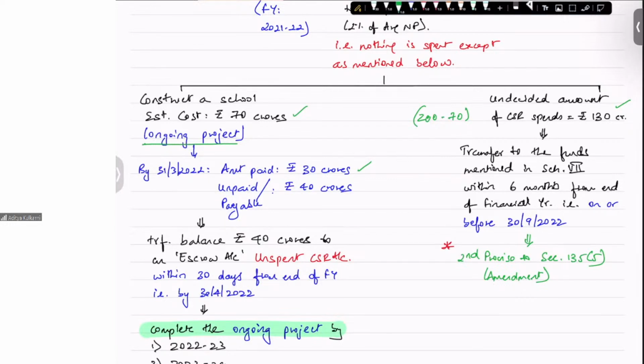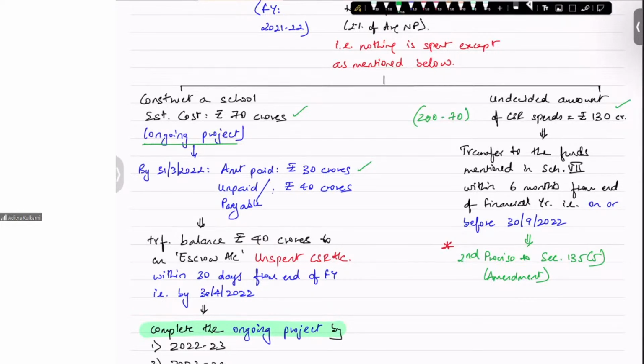Also, the moment you identify my liability is 200 crore and the cost of the project is 70 crore, if you just hand over 70 crore, it will not work like that. The contractor may run away with the 70 crore, then what are you going to do? You have given the money, but the school is not constructed. You will give the money depending on the work which is done, no?